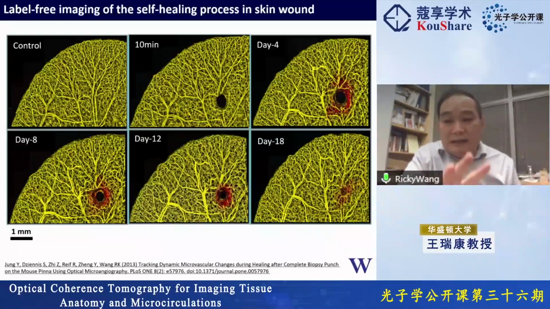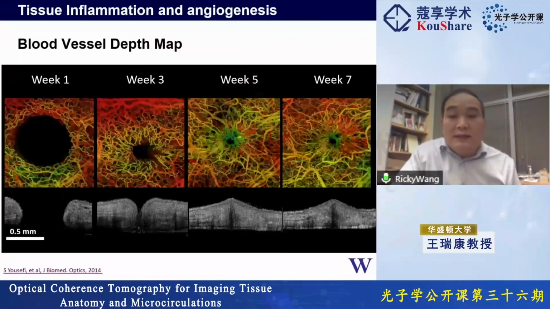Oftentimes clinicians want to see how capillaries respond. So in this case, you can increase the OCT system resolution to look in detail at how capillaries respond in this injury model. This is a 7-week image, using a system with a resolution of about 5 microns.